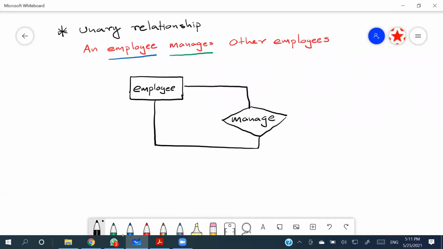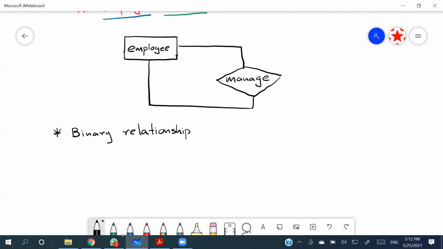The binary relationship is the most common relationship that we can find. So far we have witnessed the binary kind of relationship. It is simple: an employee works in a department.